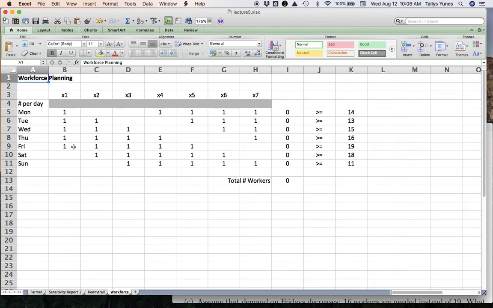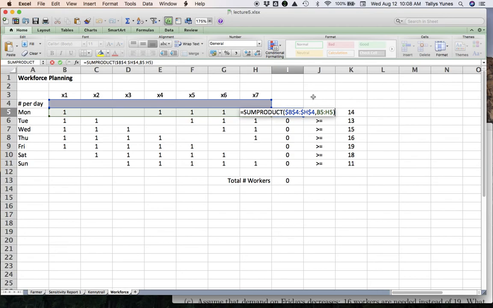And if you keep rolling this, the 5 consecutive on-duty days, you keep rolling them down like this, and they kind of rotate around and start to appear on the other side, you get 7 different work weeks possible. So for any given day, the sum of the people who are on duty that day, in this case Monday, has to be at least how many people I need on Monday.